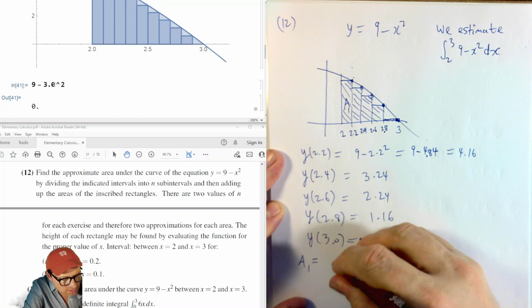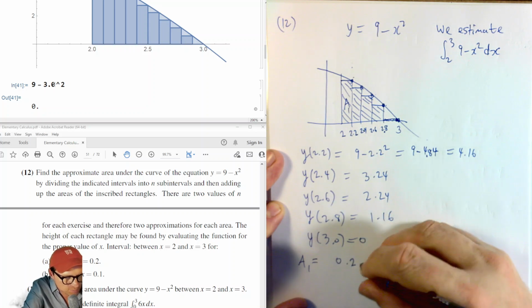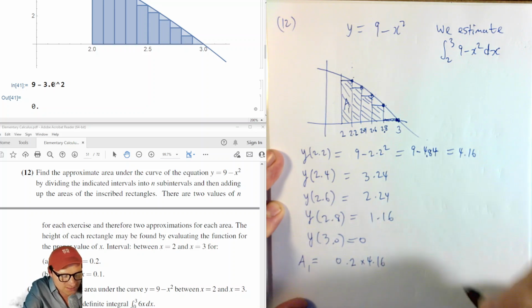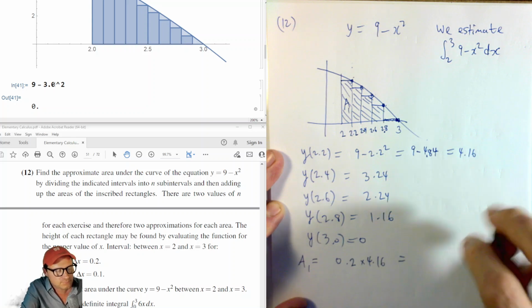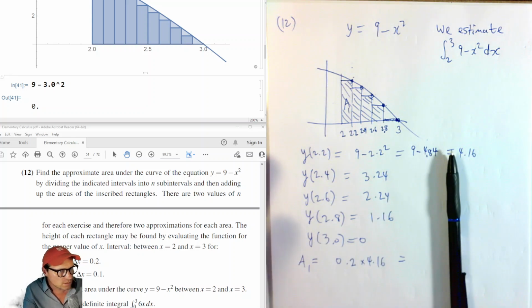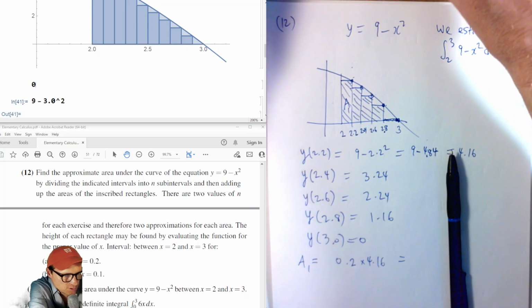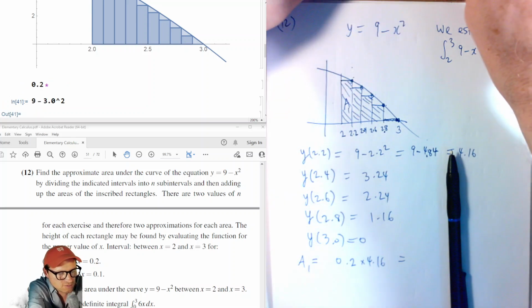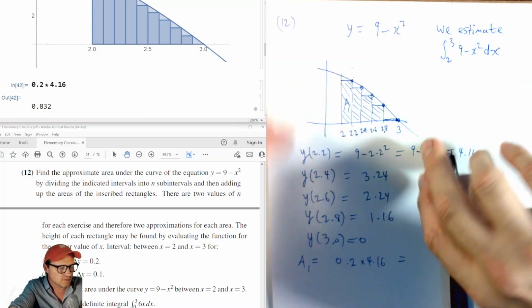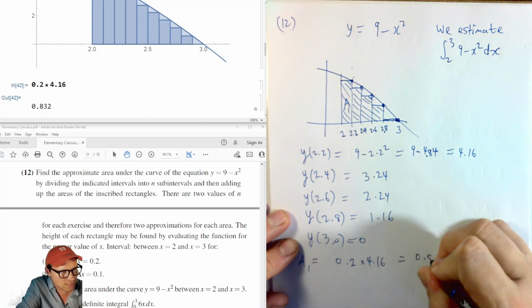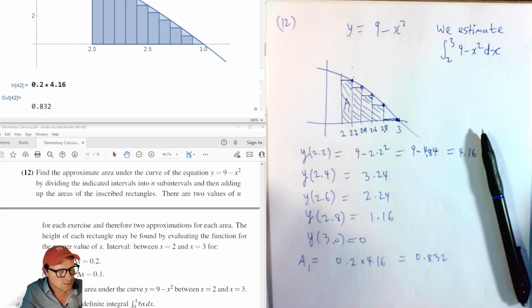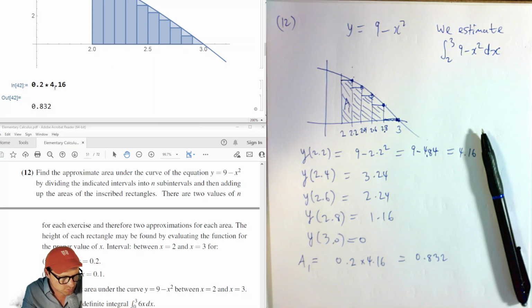So A1 is 0.2 multiplied by 4.16. Okay, so I'll calculate that. 0.2 times 4.16, so we get 0.832.